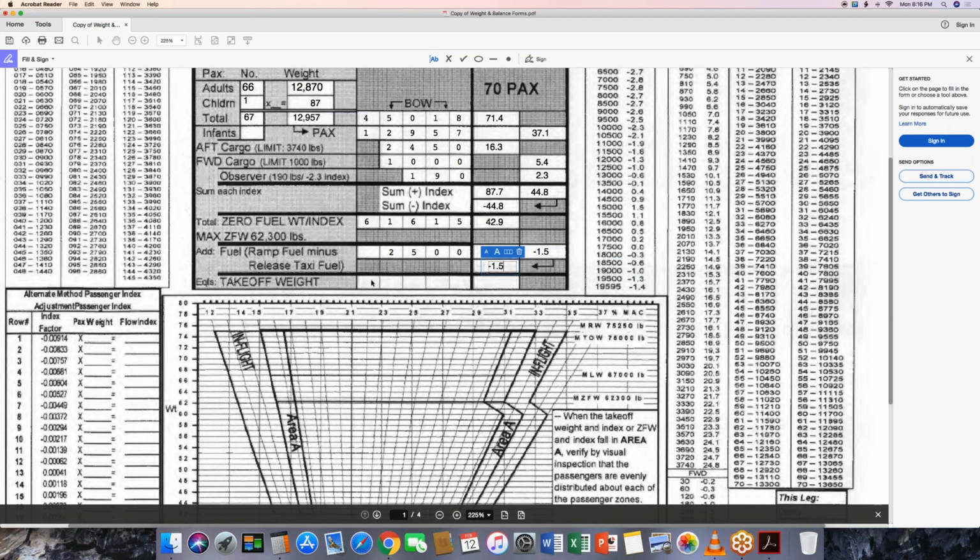And what is our new takeoff, well, our landing weight? $64,100. Okay, and our new index. 41.4.